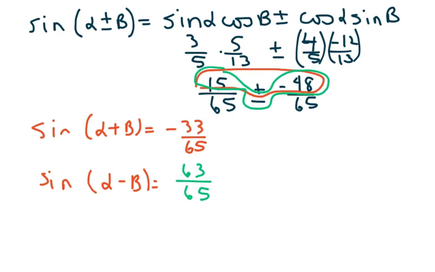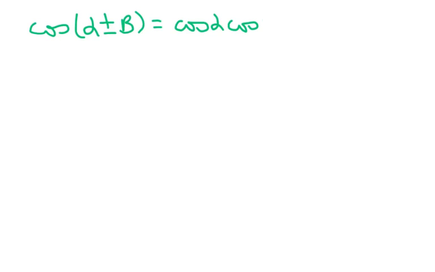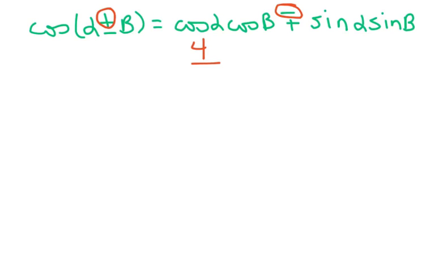Alright, now let's do cosine of alpha plus or minus beta equals cosine of alpha cosine of beta minus plus sine of alpha sine of beta. In this case, the signs are opposite here. And you just plug it in. Cosine of alpha is 4/5.